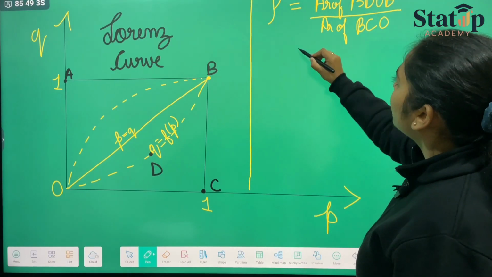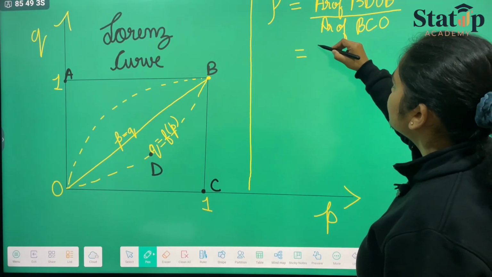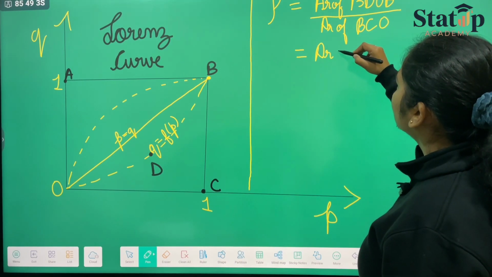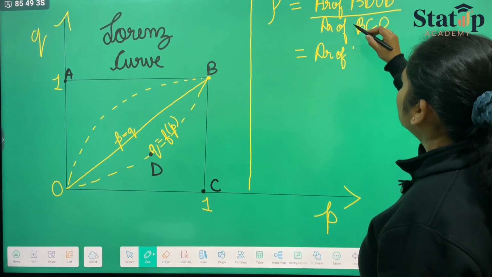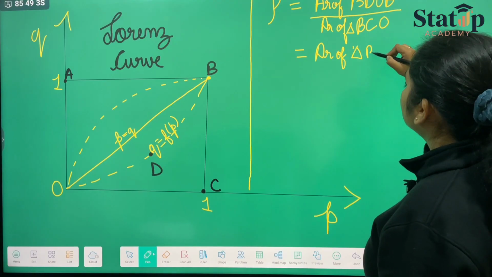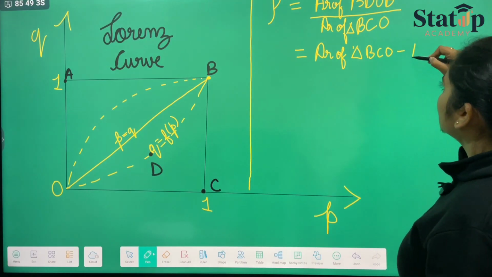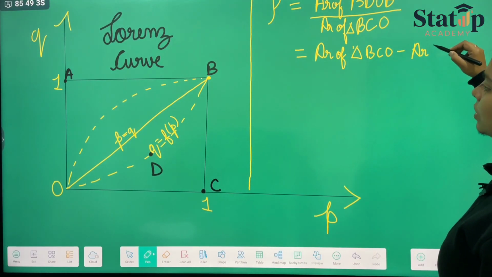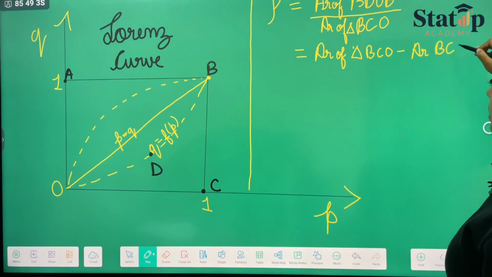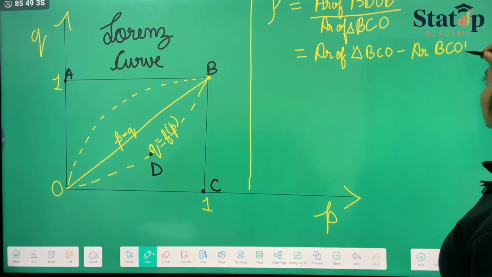Now here we can also write this as the area of triangle BCO minus the area of the curve BCODB, upon the area of triangle BCO.